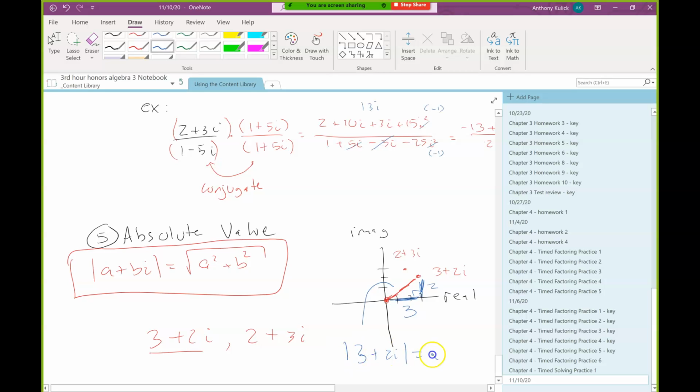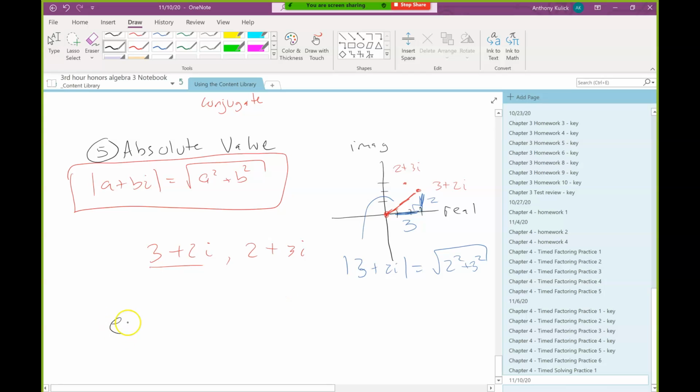Say we have the absolute value of 3 minus 4i. So that's just fine.